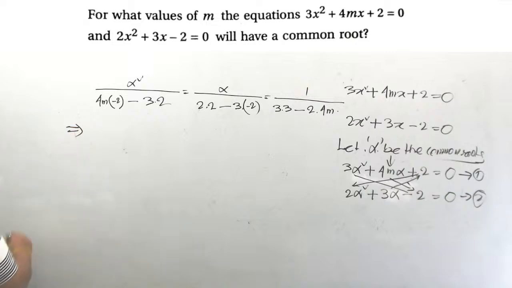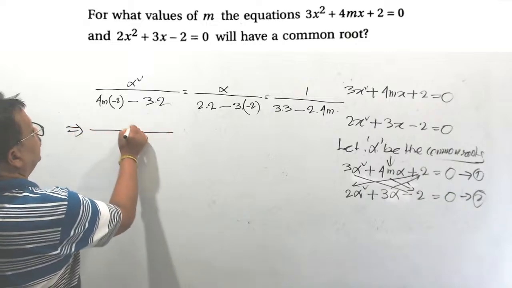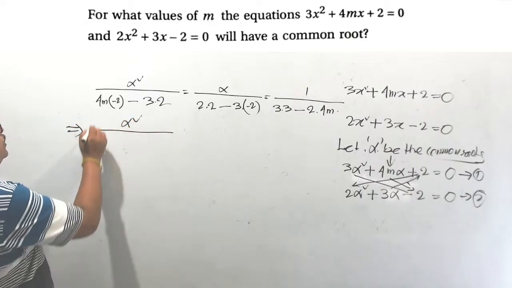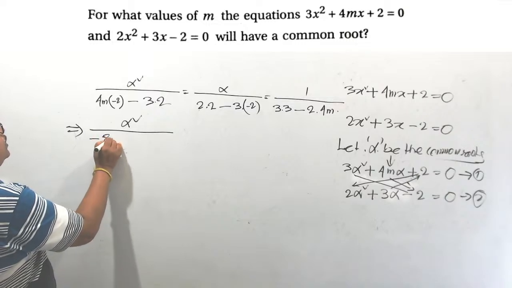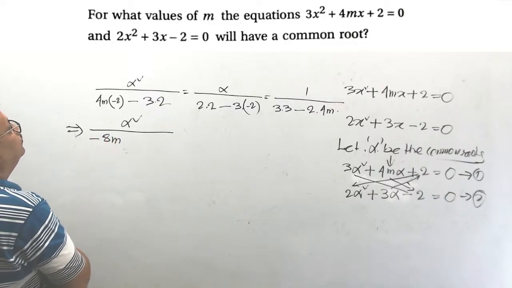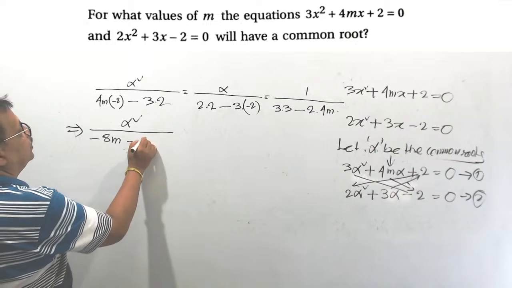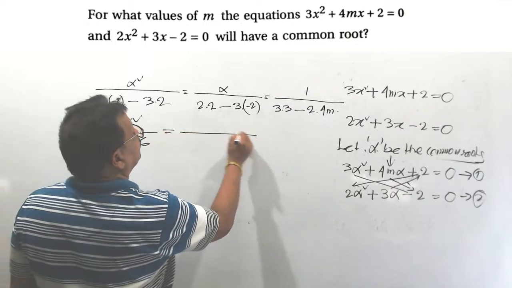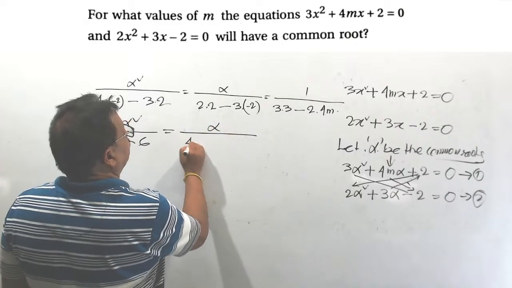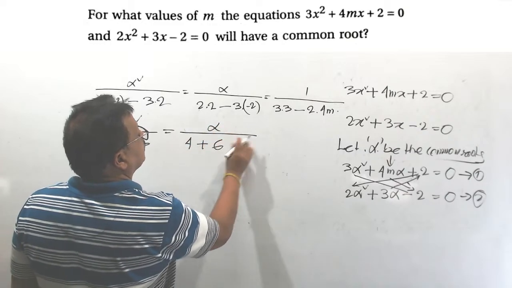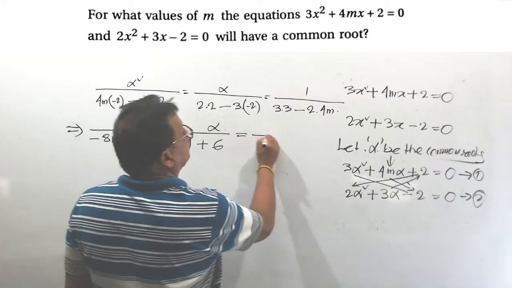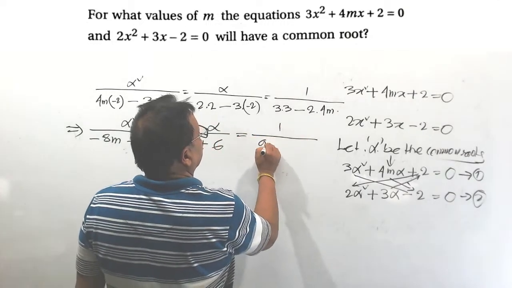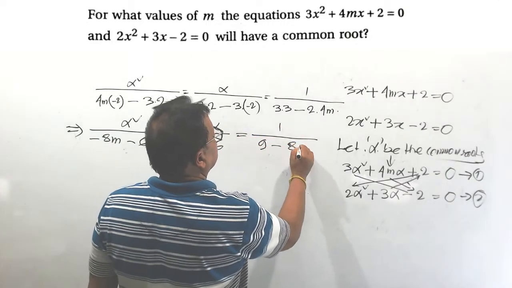This implies alpha square, that is minus 8m minus 6, this equals to alpha by 4 plus 6, this equals to 1 by 9 minus 8m.